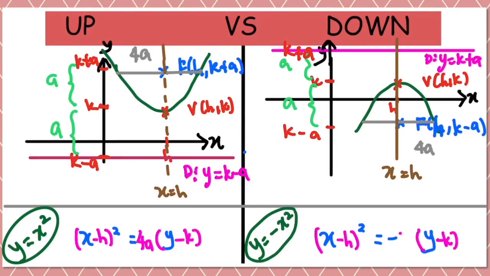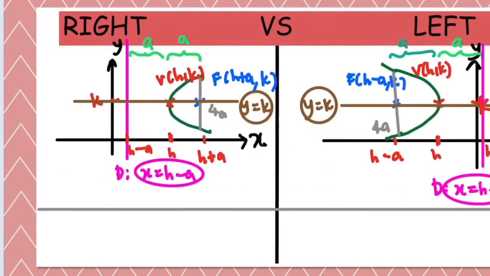For y, we always minus it with k. In front of the linear y here, we multiply by 4a. So this is now the general formula of parabola opening down, with x minus h squared on your left hand side. On your right hand side is minus 4a, y minus k. So actually this h and this k here is your vertex. And in front of this linear y here, you have a coefficient of minus 4a.